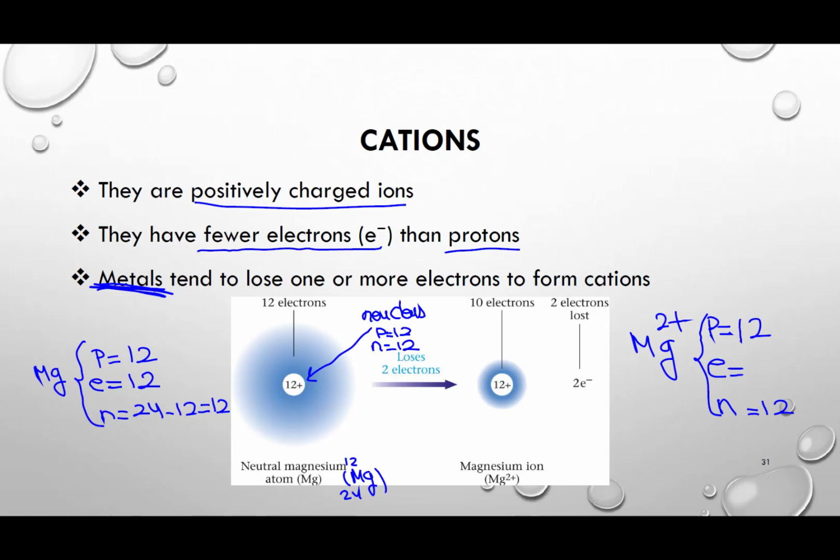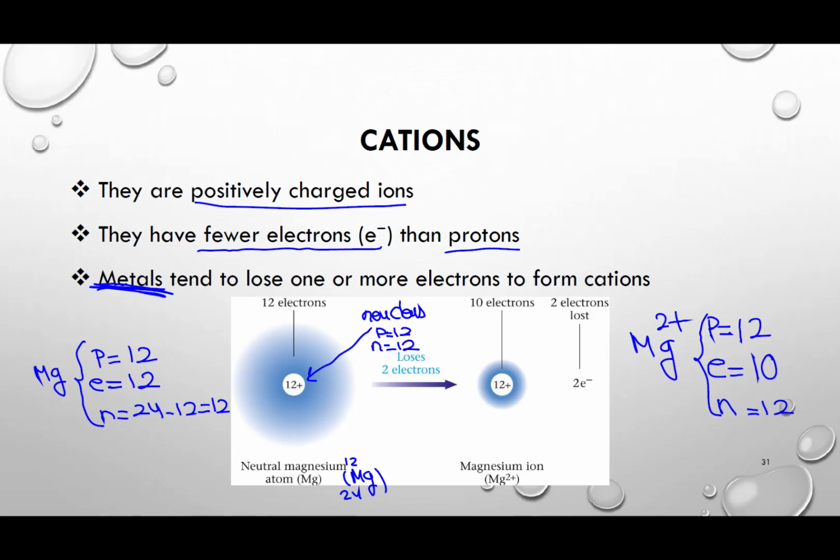That means it has lost 2 electrons, which is 12 minus 2, which is 10.